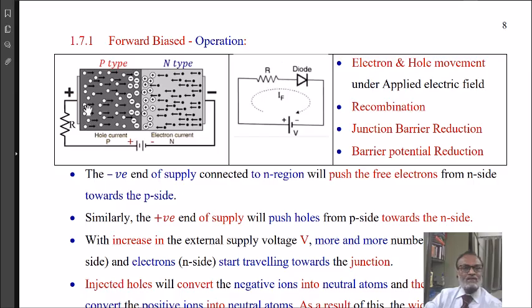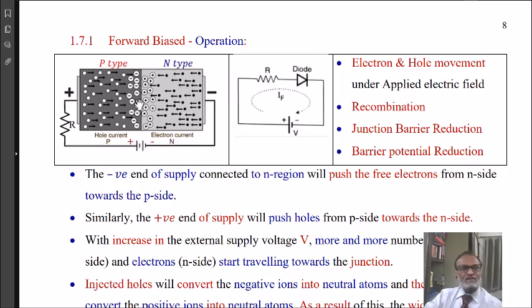Now, in this figure, you will see on the p-type side there are majority holes, and on the n-type side there are majority electrons, and we applied the battery positive terminal to the p material and battery negative to the n material, and therefore this biasing is called forward biasing.